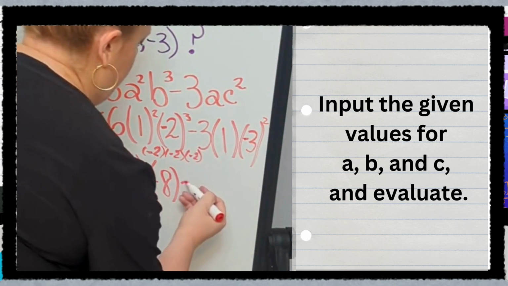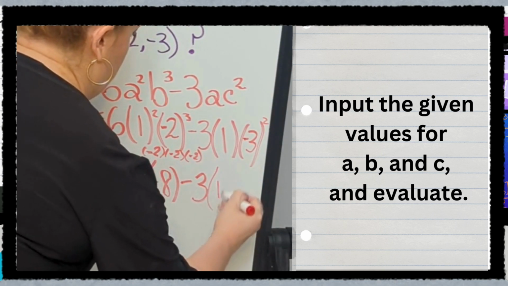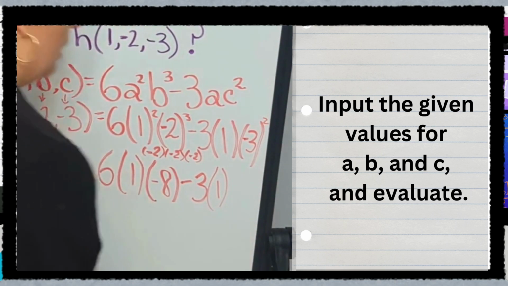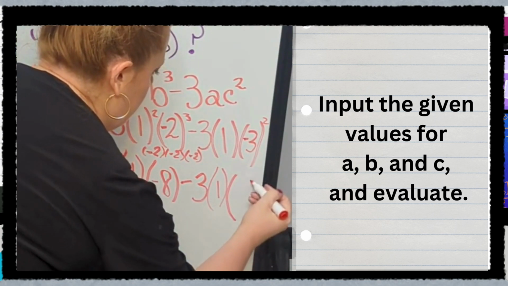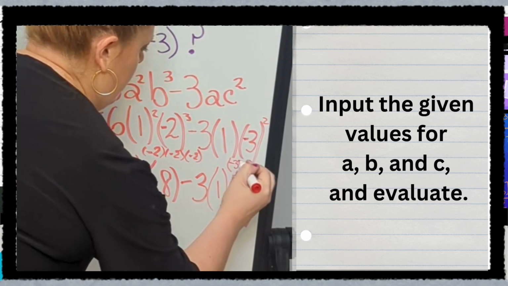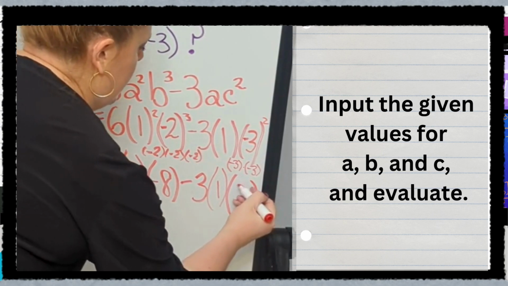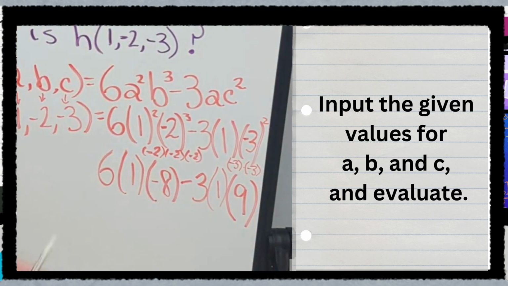Minus, we're going to bring down that 3. There's no exponent with the 1. Now we have an exponent, -3 times -3 makes +9. Okay? No more exponents, so we're good there.